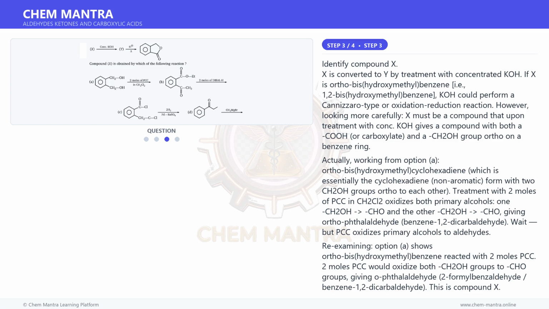Identify compound X. X is converted to Y by treatment with concentrated KOH. If X is ortho-bis(hydroxymethyl)benzene, i.e. 1,2-bis(hydroxymethyl)benzene, KOH could perform a Cannizzaro-type or oxidation-reduction reaction. However, looking more carefully, X must be a compound that upon treatment with conc.